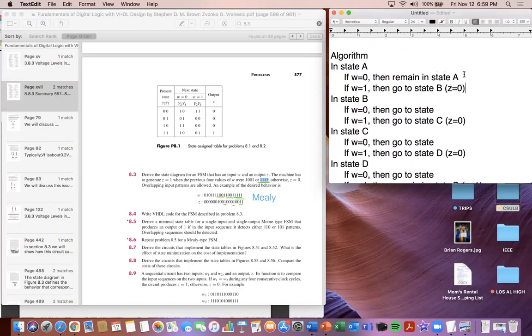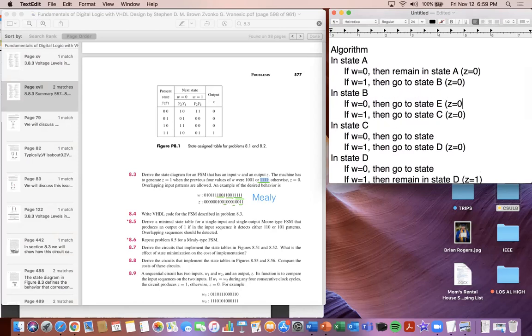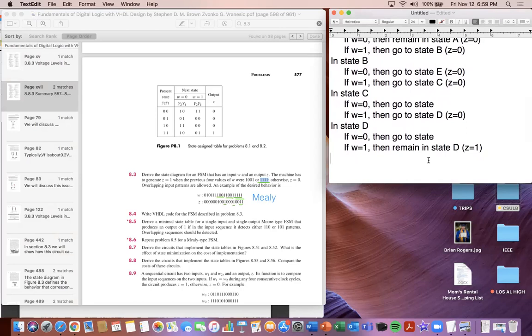For 1001, that would occur right here. So if W is equal to 0, then go to state, I'm going to create a new one here because it's a different pattern. So go to state E, Z is equal to 0. And so that's 1, 0, and then the next 0.